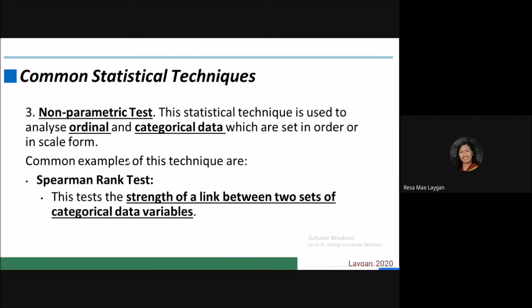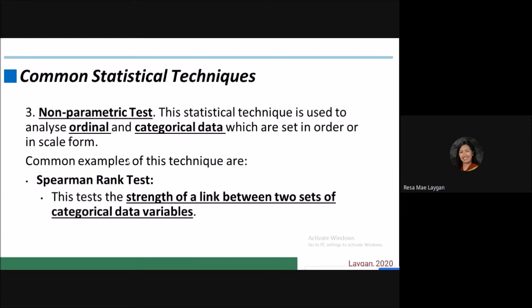For example, we have the level of awareness and the practices. So you obtain the data of these two variables. The level of awareness is your independent variable, and the level of practices is your dependent variable, and you want to test the strength of the link between these two variables. These variables are obtained using a Likert scale, so the data are categorical.